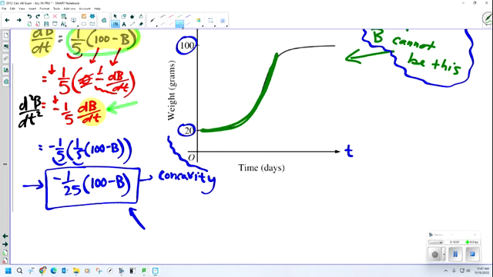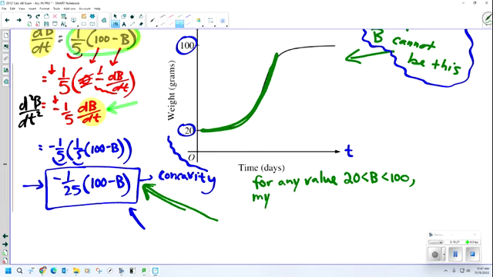So as I look at my second derivative, for any value between 20 and 100, my d2B over dt2 is negative.